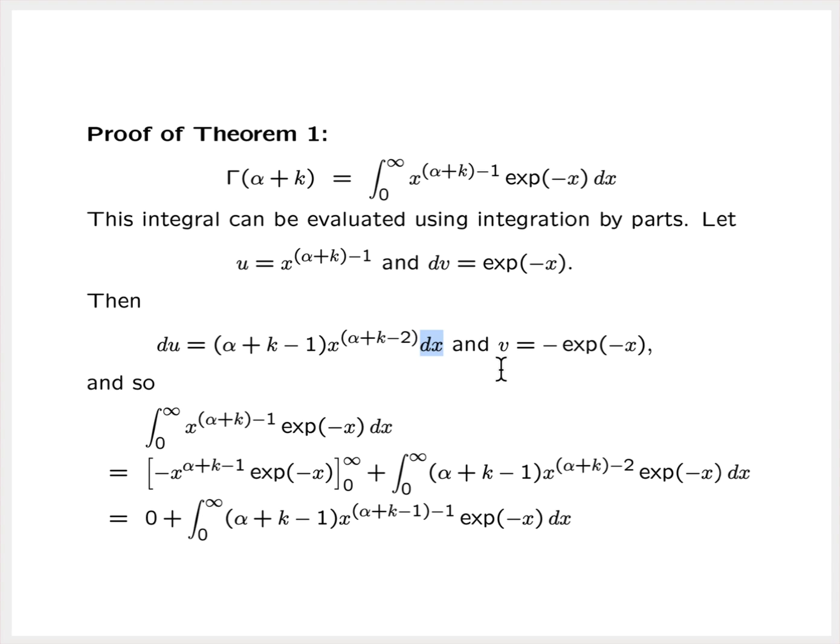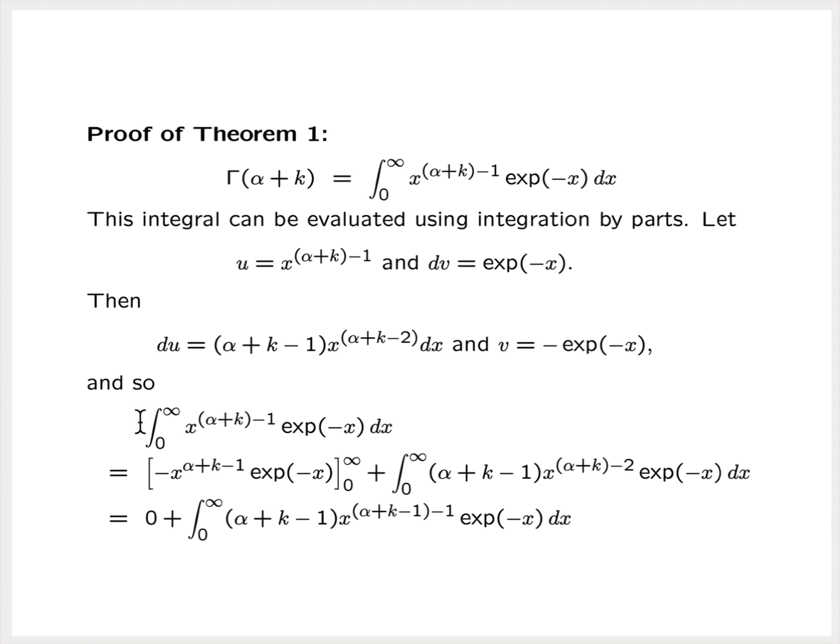And v would be the negative of the exponential of negative x. So given that dv is equal to this whole expression, e to the negative x dx, again I left the dx off, I should have had it there, then that would imply that v is equal to that expression there. And so then that gives us the components that we need to use integration by parts.